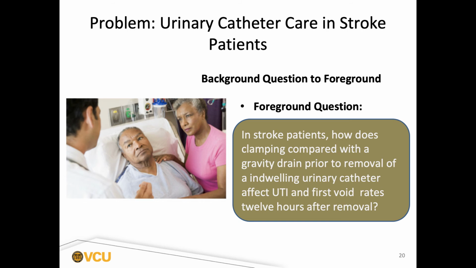The potential foreground question may be something like what you see before you, which is, in stroke patients, identifying the population, how does clamping, the intervention, compared with a gravity drain, the comparison intervention, prior to removal of an indwelling urinary catheter, affect UTI rates and first void rates 12 hours after removal? As you can see here, we have the P, the I, the C, the O, which is the UTI and first void rates, as well as a T for time, being 12 hours after removal.